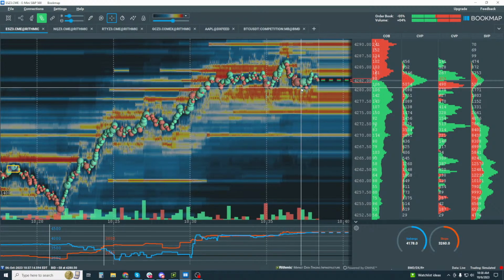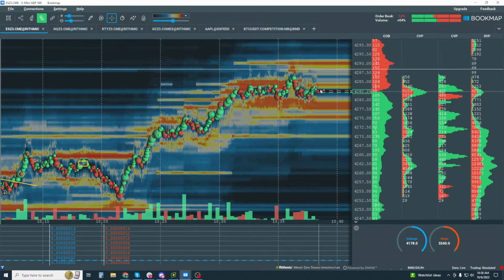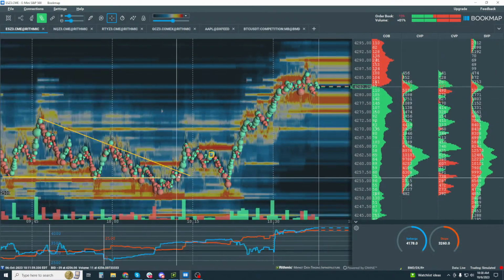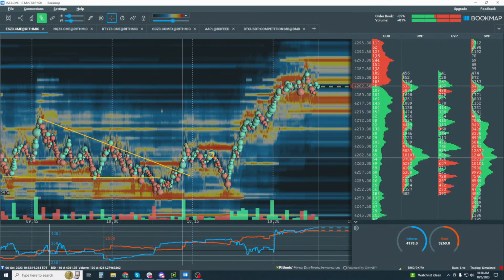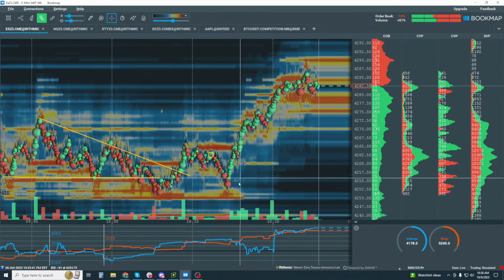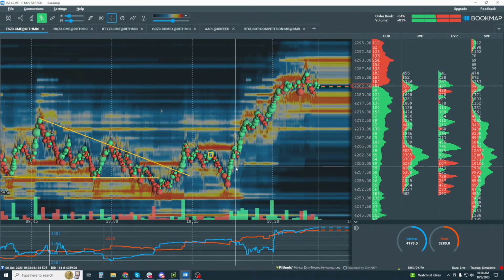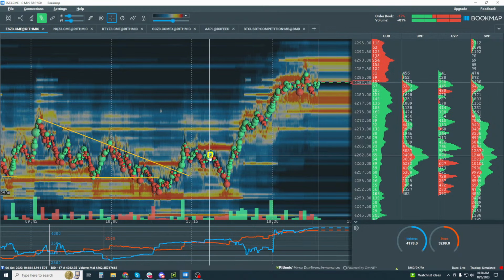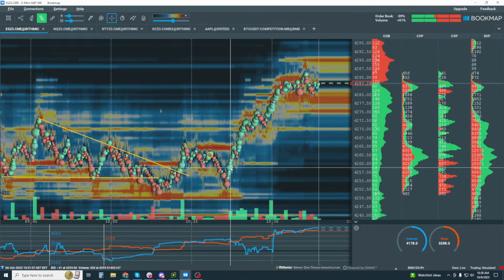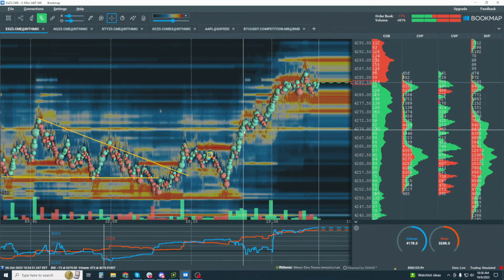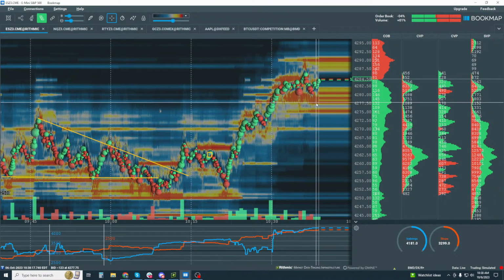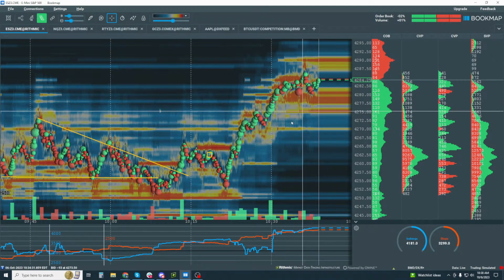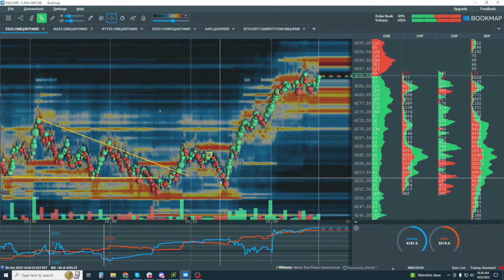Yeah, and we were going through that example of a flag pattern and what to look for in terms of the order flow, and we didn't get it right. We're looking for something very specific, and we didn't quite get it. And instead, this turned out to be a really nice move here. But if you got in here, you probably got stopped out down here.